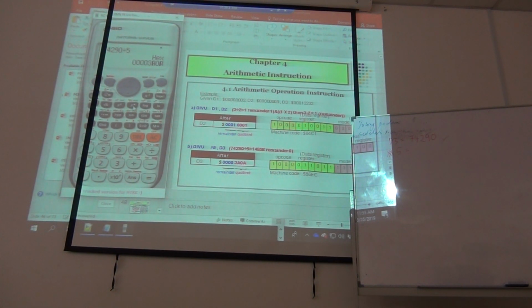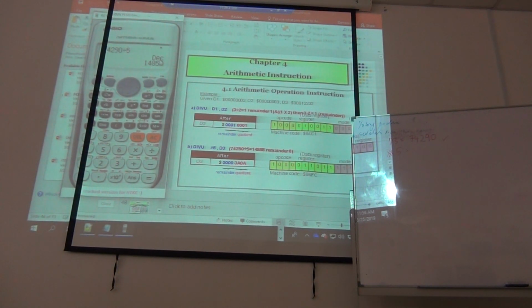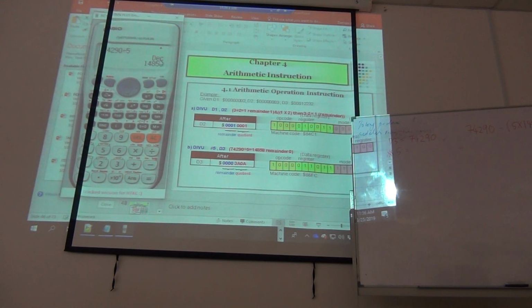So in decimal first. Let's try decimal first. 74290 divided by 5 is equivalent to these numbers, correct? There's no balance. So where's the balance? The balance is very simple. It means that the balance now is 74290 minus 5 times 14858. So can you find out the balance?